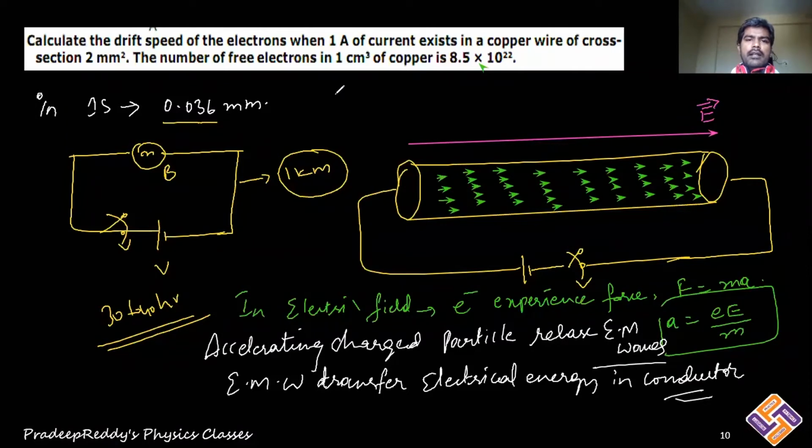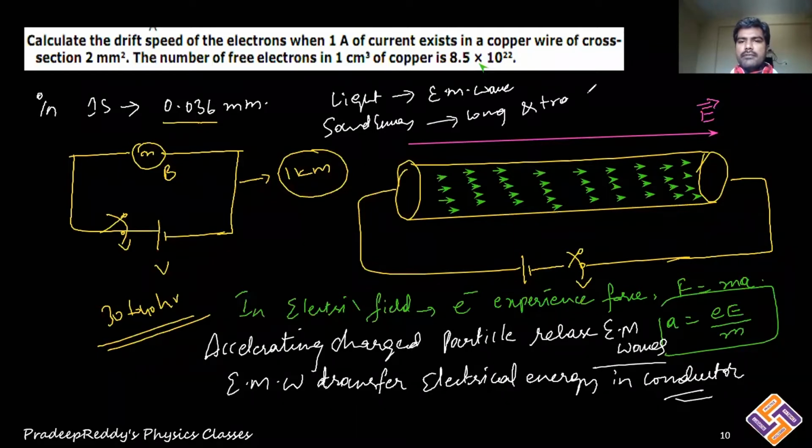As we know, light energy is transferred by electromagnetic waves. Similarly, sound energy is also transferred by longitudinal waves as well as transverse waves. Simply we can call them mechanical waves. Therefore, definitely there should be some form of wave which transfers the energy within the medium. In this case, it is the electromagnetic wave which is transferring electrical energy within a conductor.